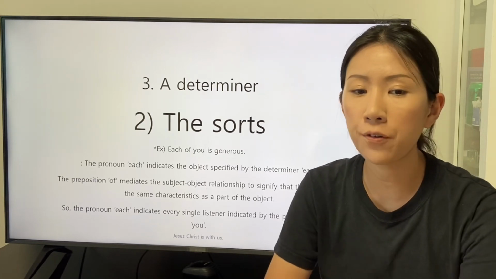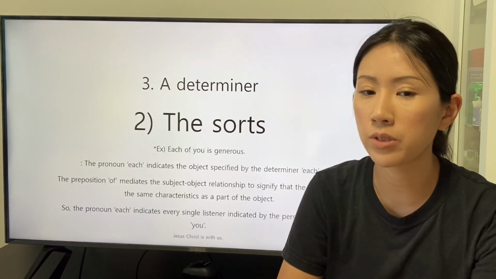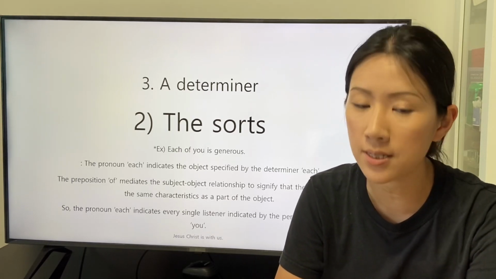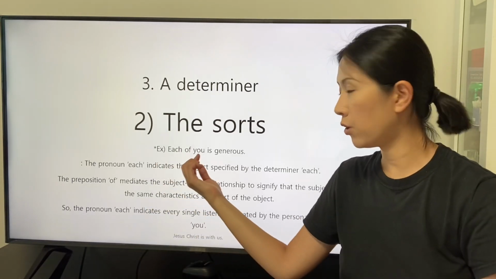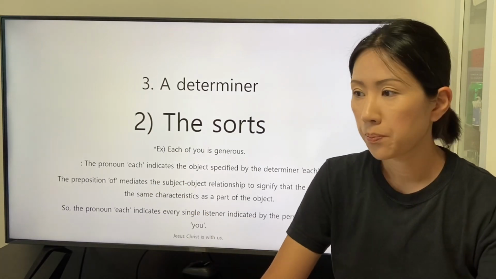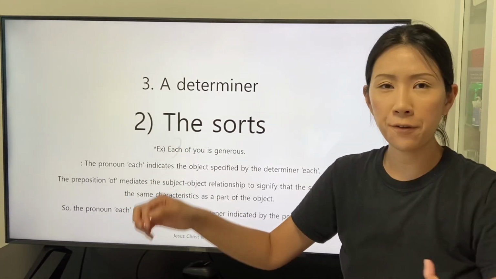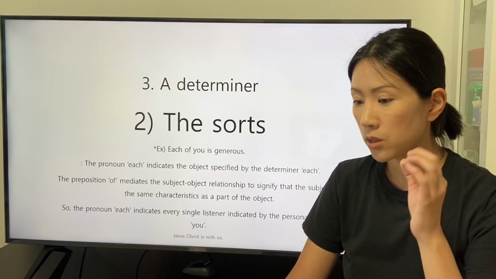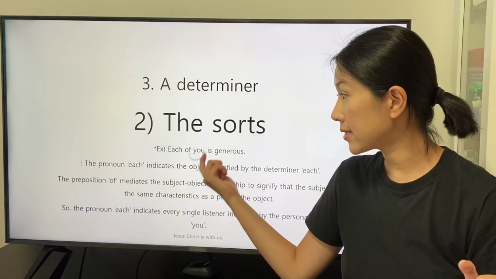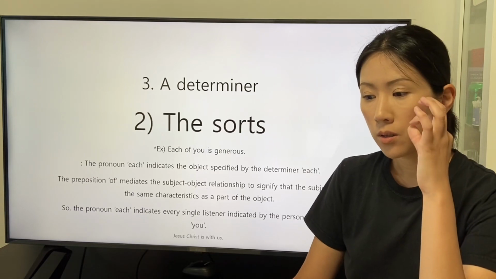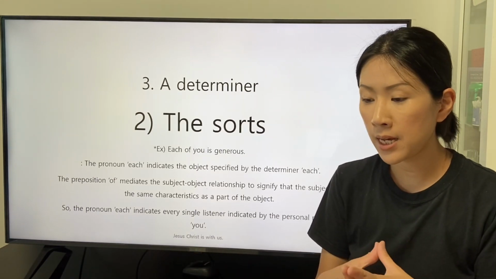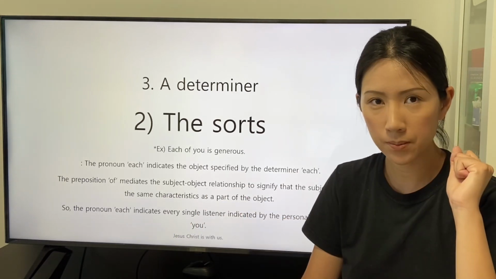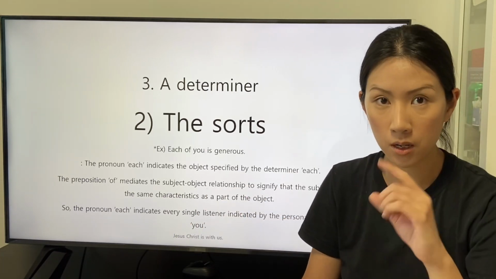The preposition of mediates the subject-object relationship to signify that the subject has the same characteristics as a part of the object. The subject of the preposition of is one of the object. The object can be a group because the object shares the same characteristic.